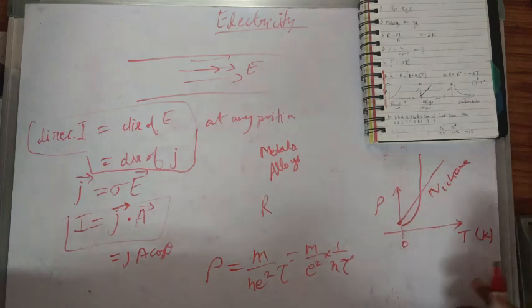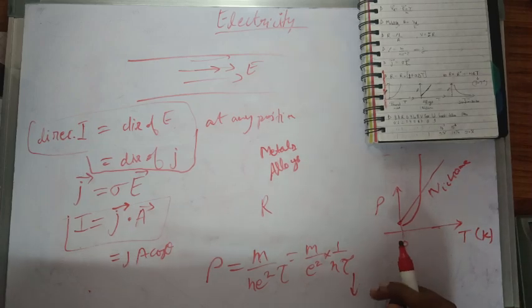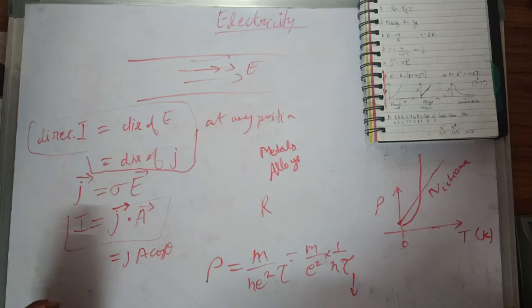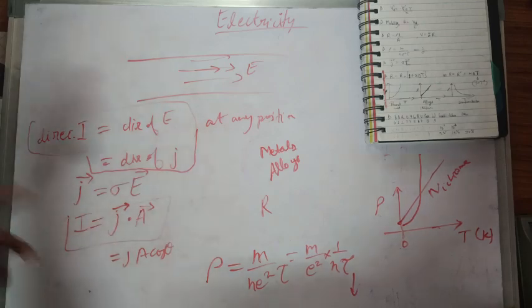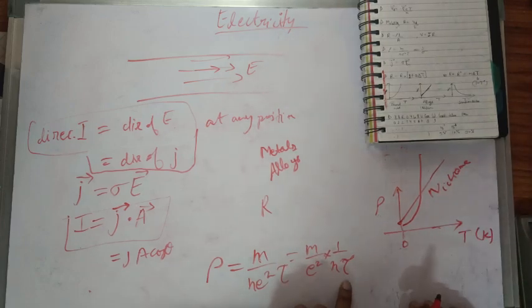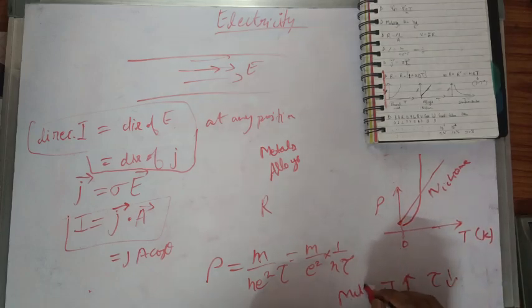When I increase the temperature, the time between collisions also decreases, because they gain higher velocity, and since they gain higher velocity, they collide more quickly. So the time between collisions decreases as the temperature increases. So temperature increases means tau decreases in case of metals.